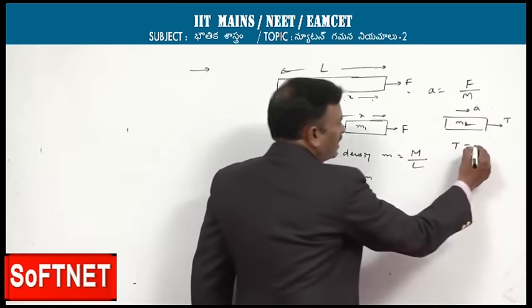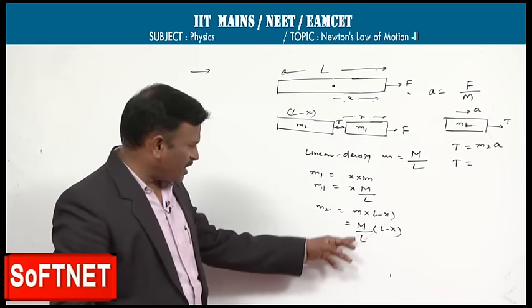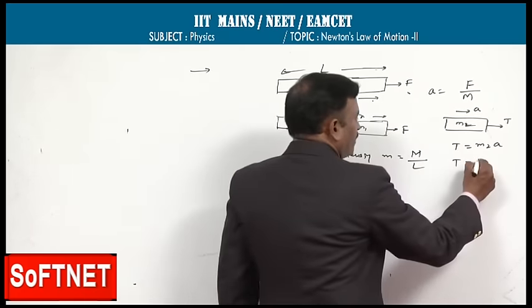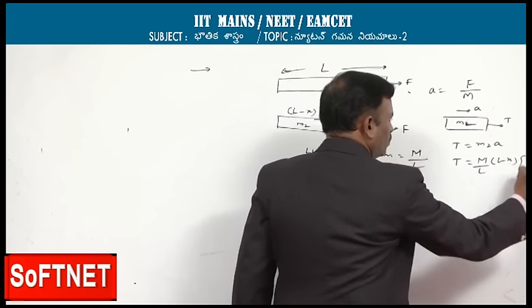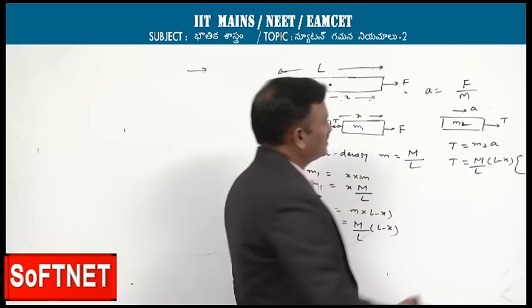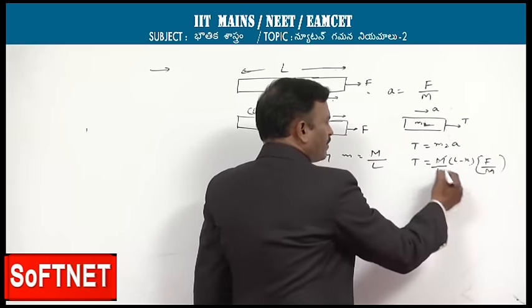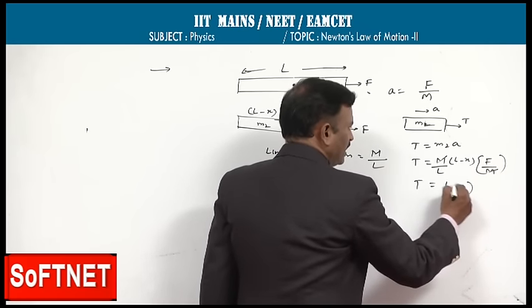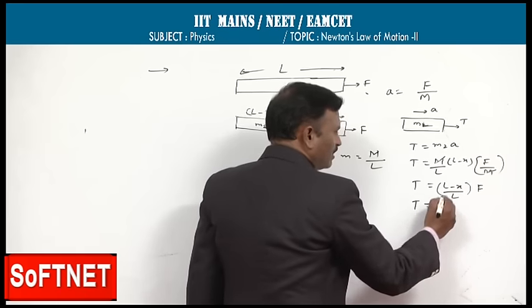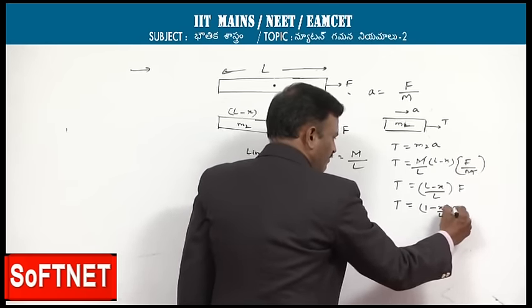So T is equal to m2 into A. Here m2 is M by L into L minus x, and acceleration is F by M. Here M gets cancelled. T is equal to L minus x by L into F, T equal to 1 minus x by L into F.